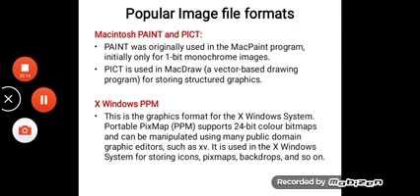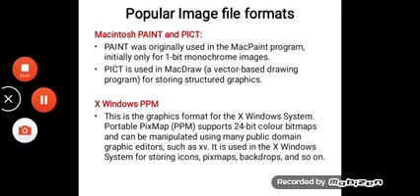Then the last two types here we will be seeing, that is Macintosh Paint and PICT. Paint was originally used in the MacPaint program, initially only for 1-bit monochrome images, and PICT is used by MacDraw, a vector-based drawing program for storing structured graphics.